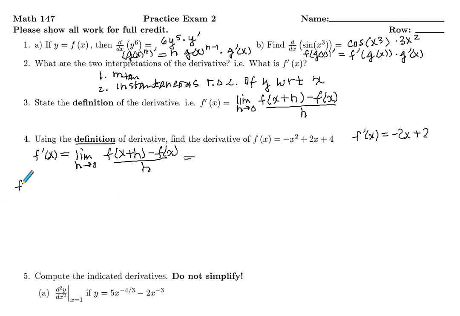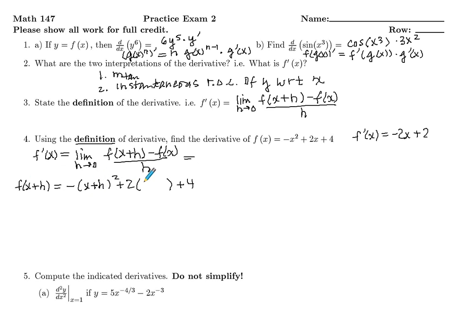So f plug in x plus h. Let's write our polynomial with empty parentheses here. So this is going to be negative parentheses squared plus 2 times parentheses plus 4. So I just rewrote it with empty parentheses in place of x. And what's going inside there is x plus h.